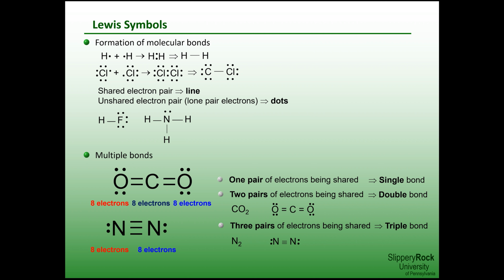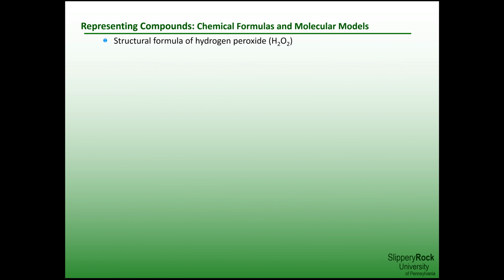Overall, this slide demonstrates how Lewis symbols and Lewis structures provide a clear visual framework for understanding how atoms share electrons to form single, double, and triple bonds in molecules. This slide introduces the different ways chemists represent compounds, moving from symbolic descriptions to 3-dimensional models that better reflect molecular structure and shape.